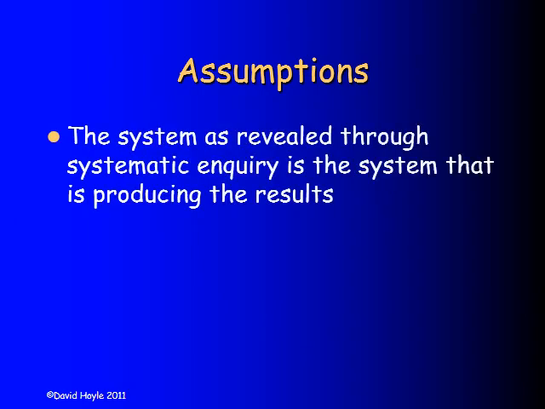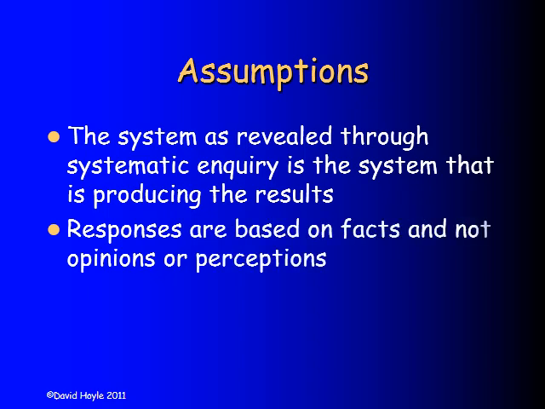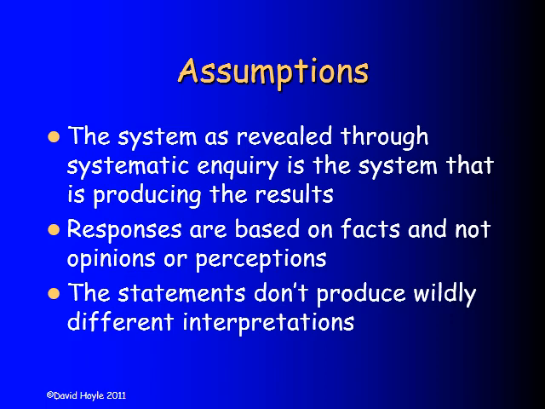The system is revealed through systematic inquiry. We're assuming it is the system that is producing the results. We're assuming that the responses are based on facts and not opinions or perceptions. And we're assuming that the statements don't produce widely different interpretations. If we take a big enough sample, we'll be able to see that, and any spurious results will be obvious.